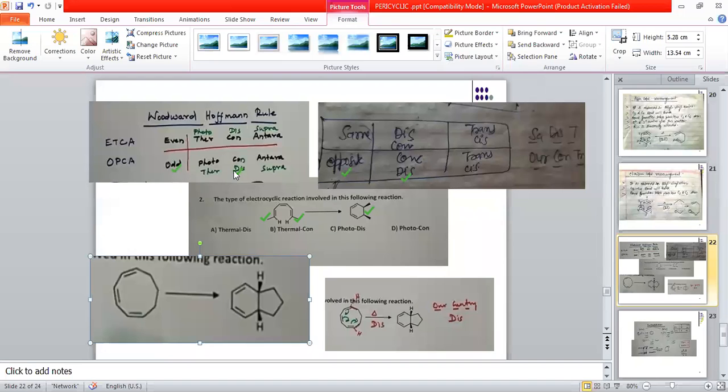Odd number and dis rotation means your condition will be a thermal condition. Now got it? Yes ma'am. So you have to see the number of pi bonds, and you have already seen the dis rotation, so the condition will be thermal.